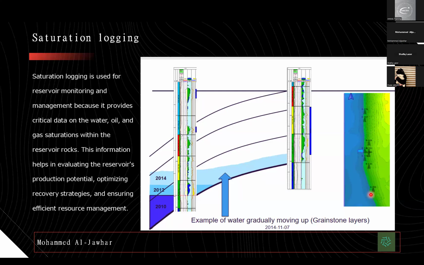This is the waterfront that can be moved, and this waterfront can be expected. When we have all this information gathered from saturation logs, from a certain date to the present date, we have a good indication of how the water has moved inside our reservoir, and how we can manage it effectively and keep our production away from the water breakthrough.